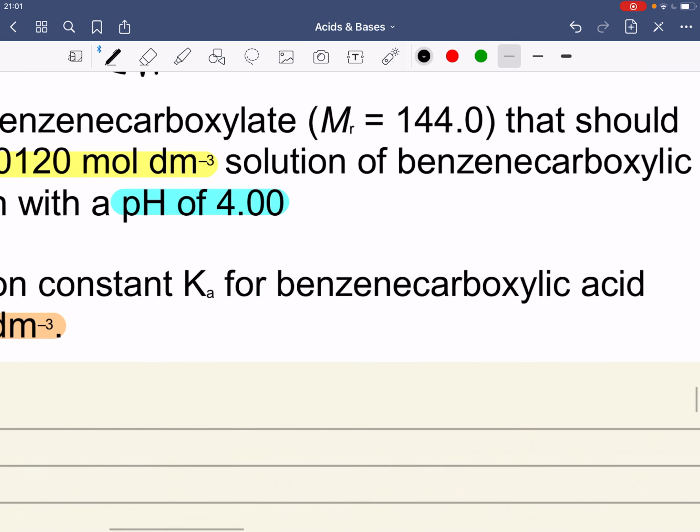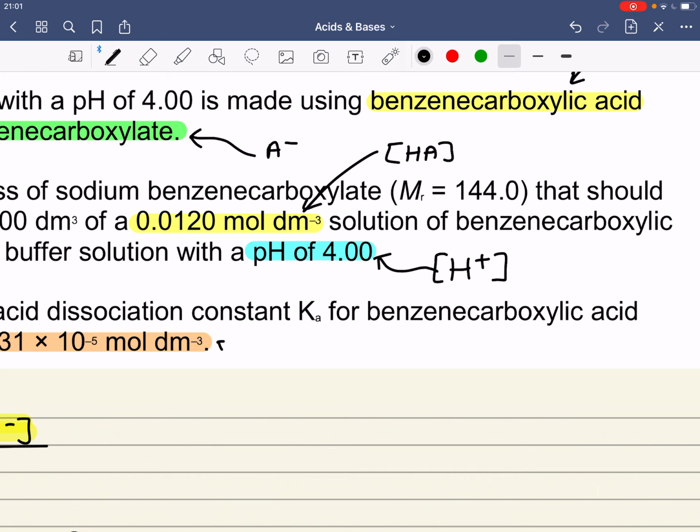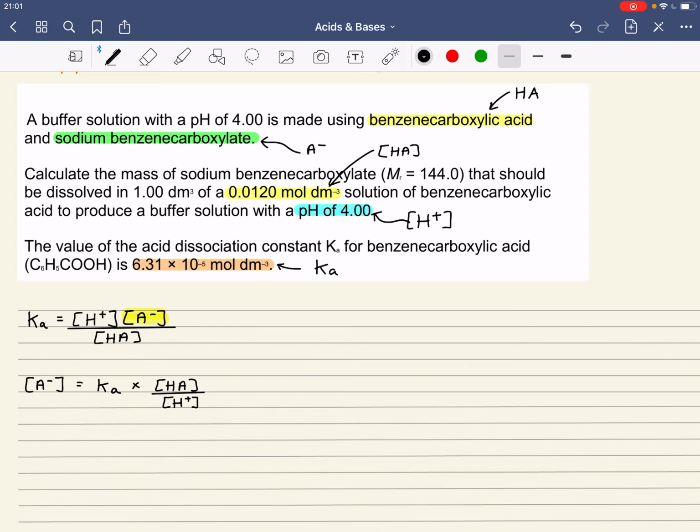So the pH here is going to give me my hydrogen ion concentration, and this here is my HA concentration, and there I've got my Ka. So I've got everything I need in the question in order to work out this A minus concentration.